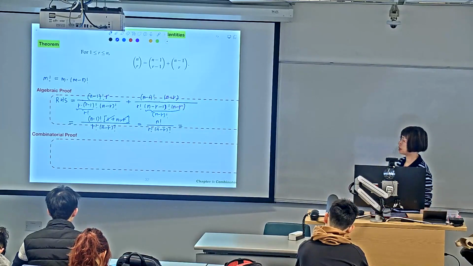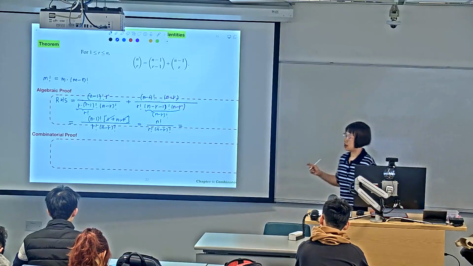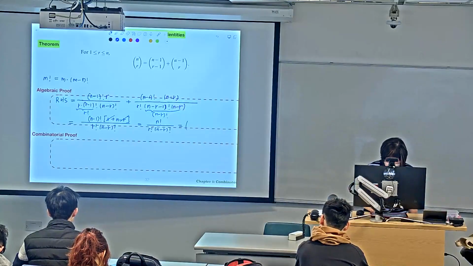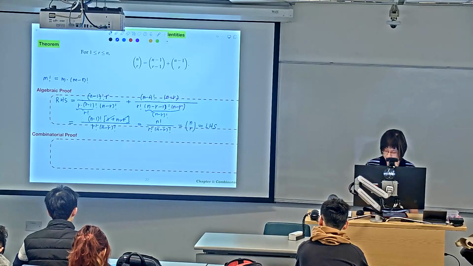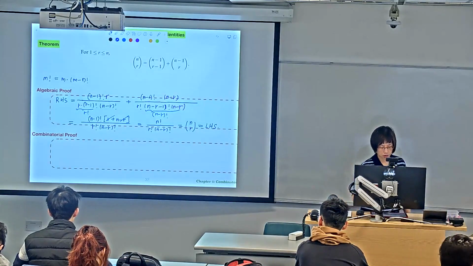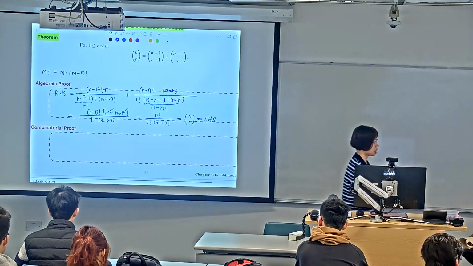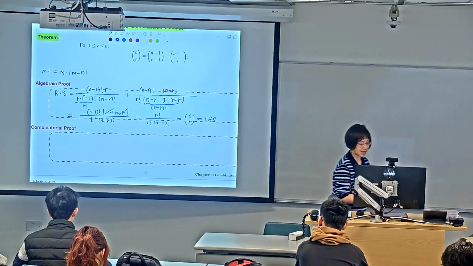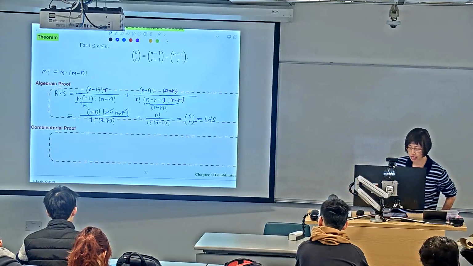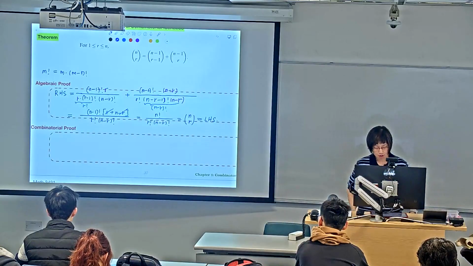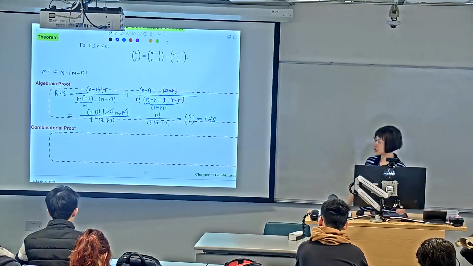And then this expression is exactly n choose r, which is the left-hand side. So this is our algebraic proof. We use algebraic operations to simplify expressions to show they are the same. For this one, it's convenient because it's not very complicated.